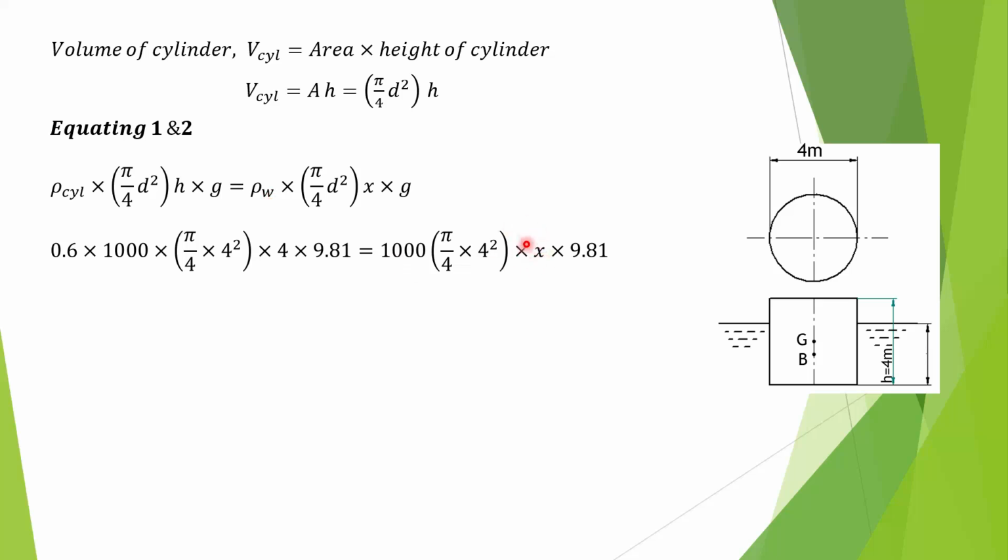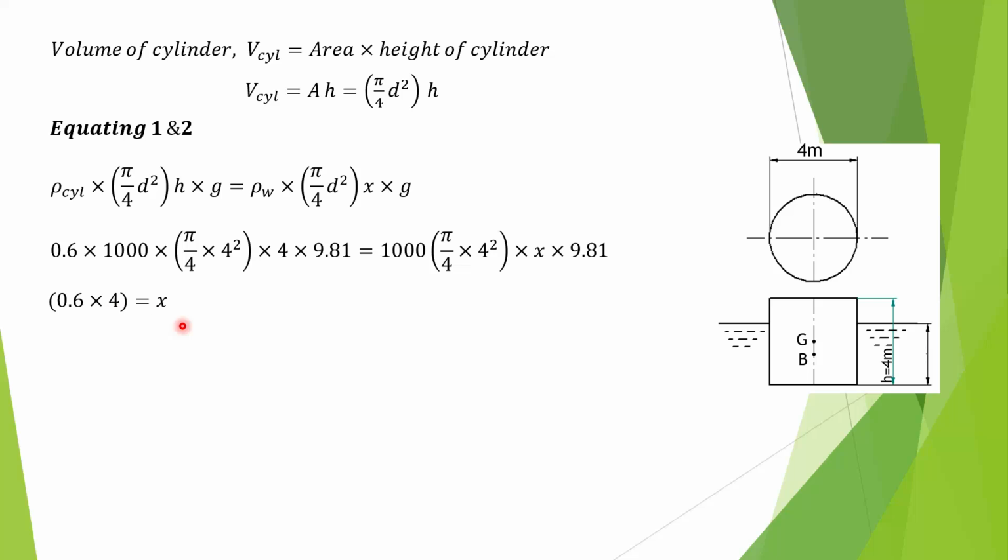Unknown is x. Now when you look into this expression, 1000, pi by 4 into 4 square, and 9.81 will cancel. So in RHS it is left with x, and in LHS it is left with 0.6 into 4. So x will become equal to 2.4.